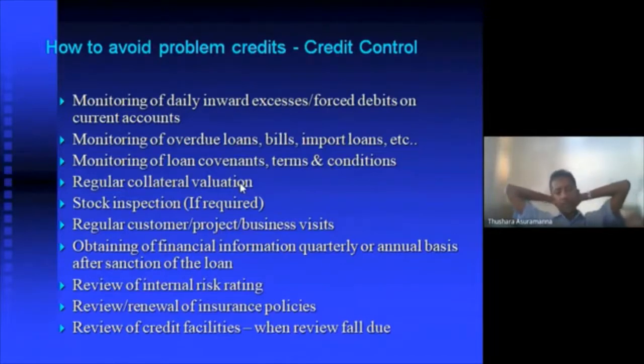If the facility is in NPL, and you haven't cross-checked, visited or validated the collateral status, you might have problems. Stock inspection, as and when required, if applicable, you need to undertake. Maybe the loan size is more than 25, 50 million. If you have taken stock as a mortgage, yes, you need to visit them.